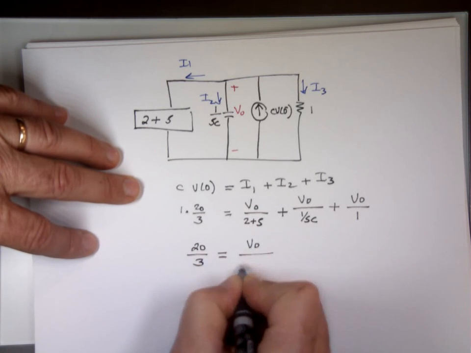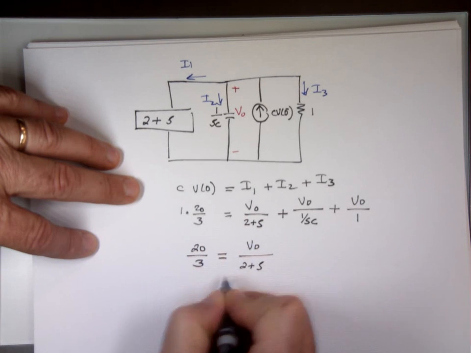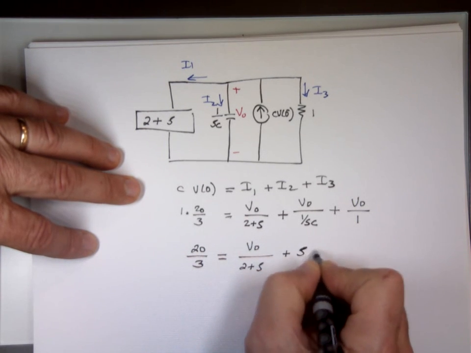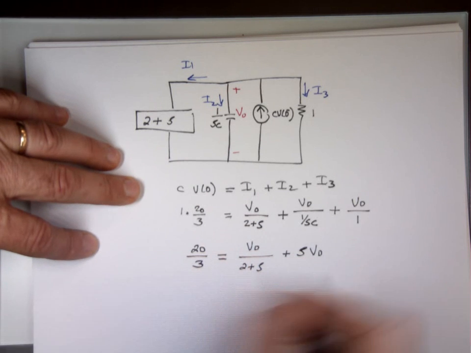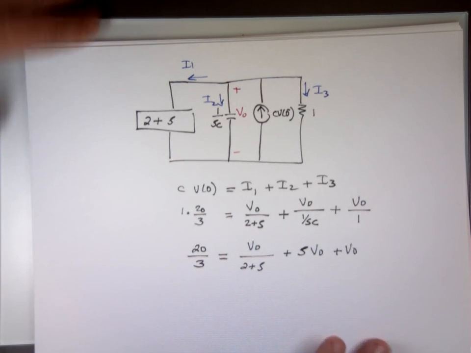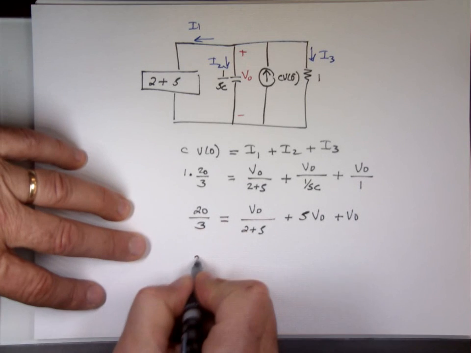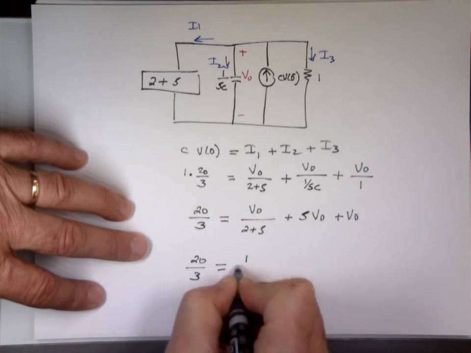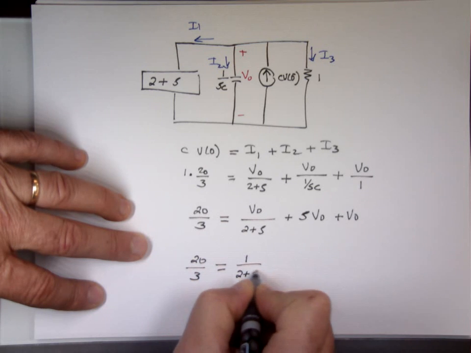This will be what? SC is 1. So 20 over 3 equals 1 over 2 plus S plus 1 times V out.